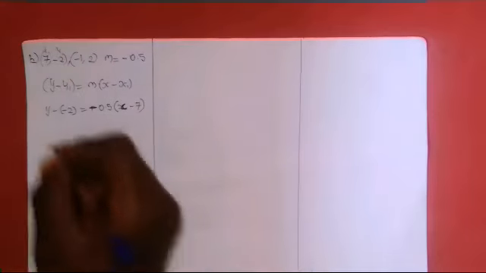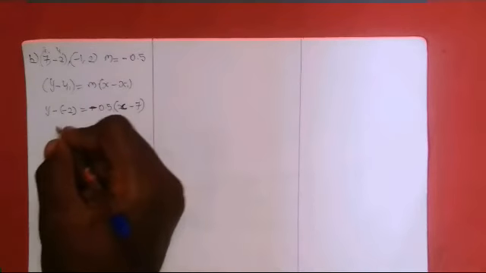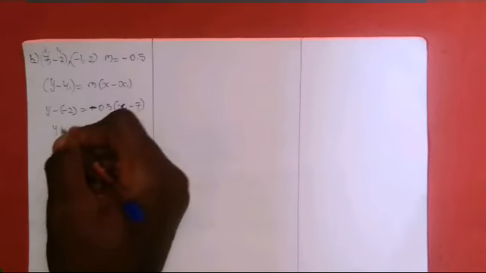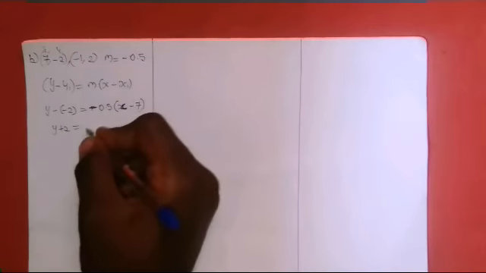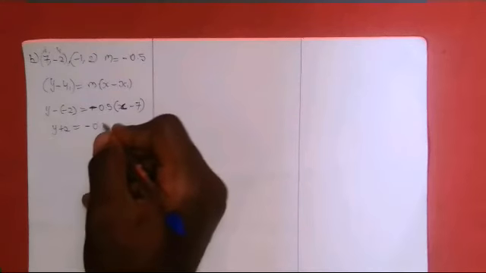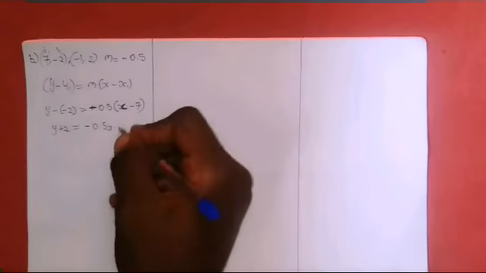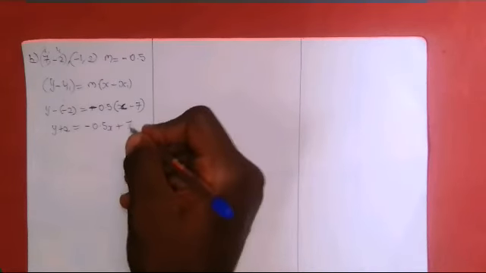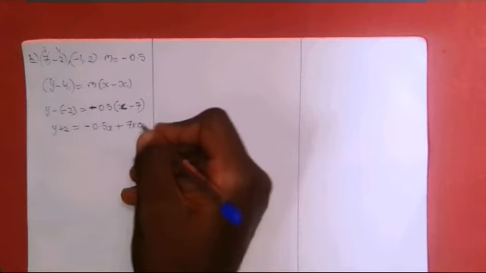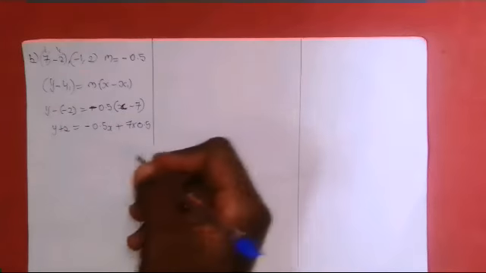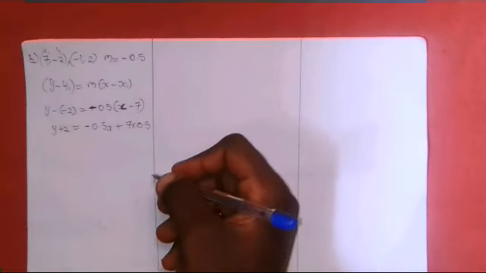This is x. We now open the bracket as well. It becomes y plus 2 is equal to minus 0.5x plus 7 times 0.5. Now 7 times 0.5 actually gives us 7 over 2, which is 3.5.